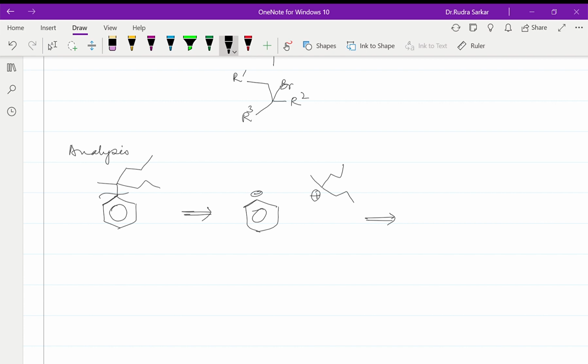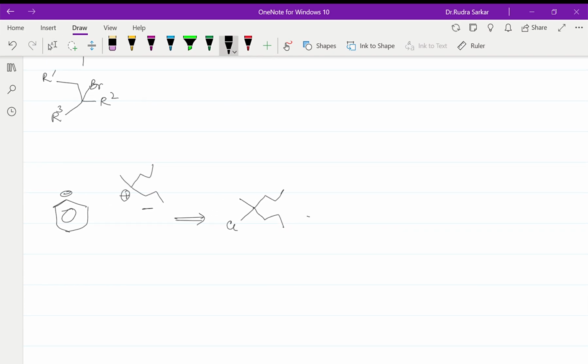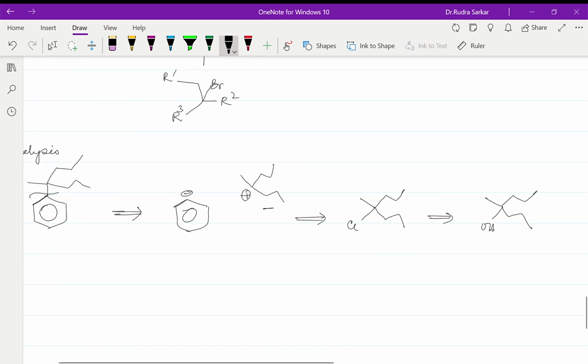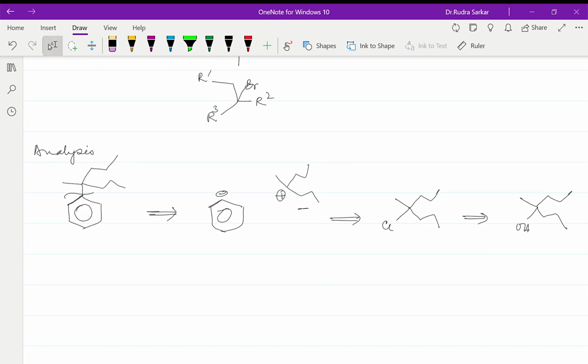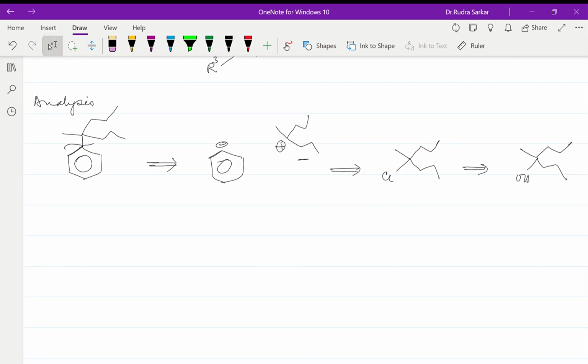And for this particular synthon we will write out here Cl, and this particular Cl can be further produced from this alcohol using PCl5 or SOCl2 or even concentrated HCl.